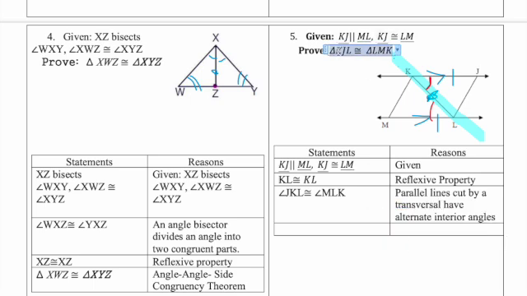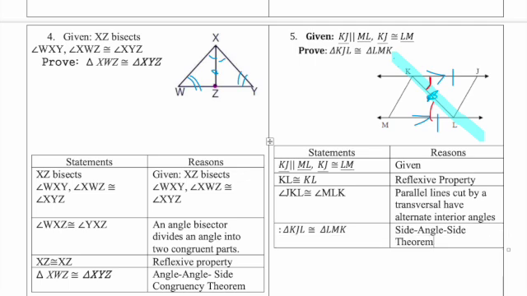Okay, now that we have that, we have a side that was given, an angle from the parallel lines, and a side from reflexive property. Okay, so this is proven the triangles are congruent by the side, angle, side congruency theorem.